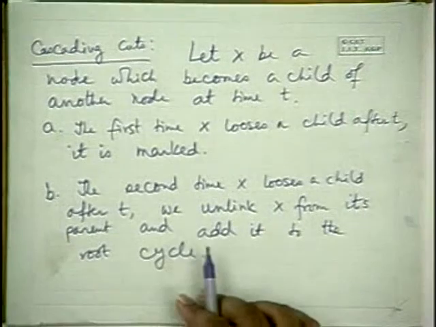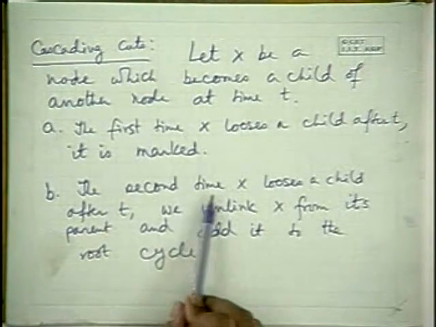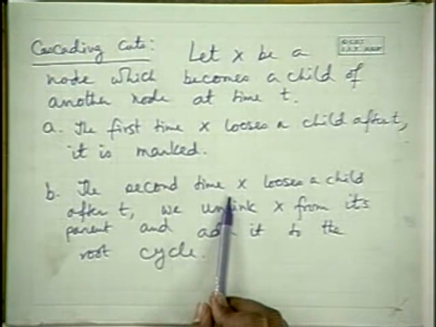This is why it is called cascading cut. Suppose X has been cut from its parent because it has lost 2 children. Now because of losing X, its parent might be losing a child for the second time. So that parent might be cut again from its parent. So it can go up the tree.